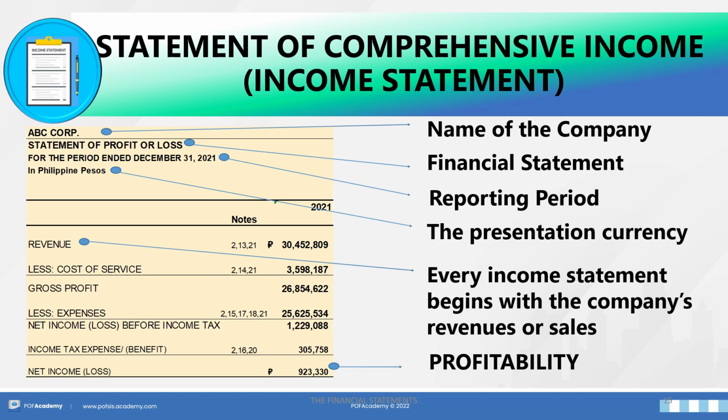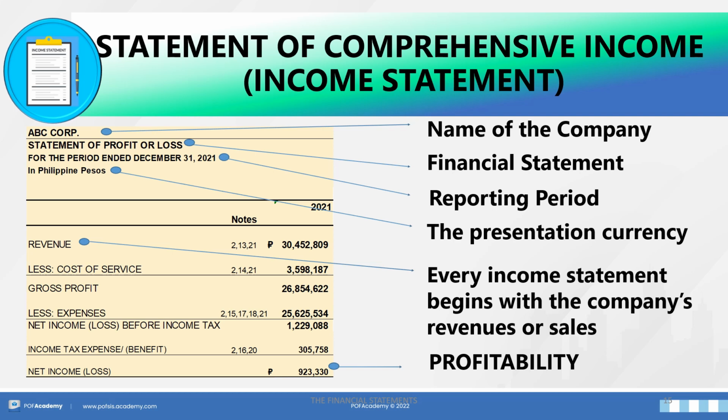As you notice, it is stated for the period ended December 31, 2021, meaning it covers from January 1 up to December 31, 2021. Assume that it is a calendar year, so this is the revenue and expenses for the whole year. Every income statement begins with the company's revenues or sales.